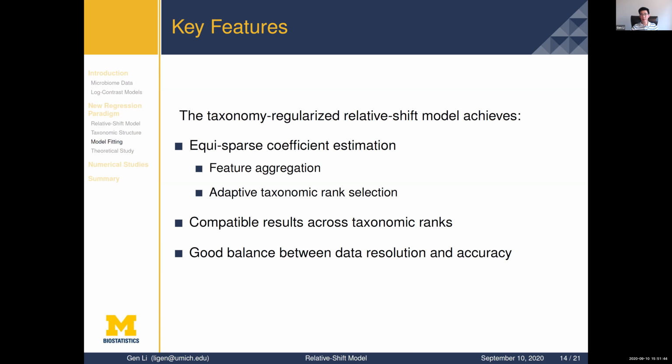In other words, a byproduct of this estimation is to achieve taxonomic rank selection. We can identify the taxa that are important at different taxonomic ranks. Also, since we use information across the taxonomic ranks, these results are compatible across different ranks, and it achieves a good balance between data resolution and accuracy.